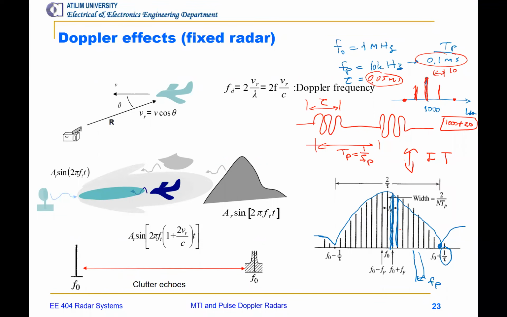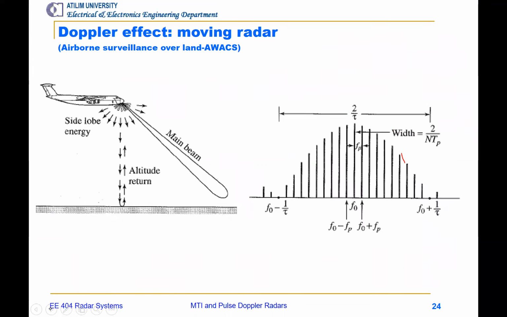Now, suppose that we consider only the main one here. We transmit a signal at F0. Imagine that we transmit a single tone at F0, and what will happen at the receiver?